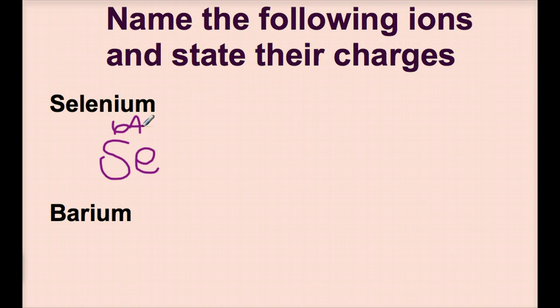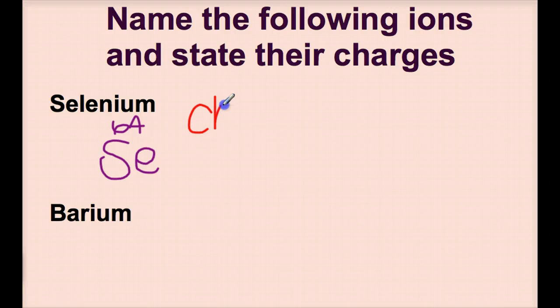Since it's in 6A, I know that it has to receive electrons. It's very close to becoming stable if I had picked up two more. So I'm going to use the equation where I take the group number.